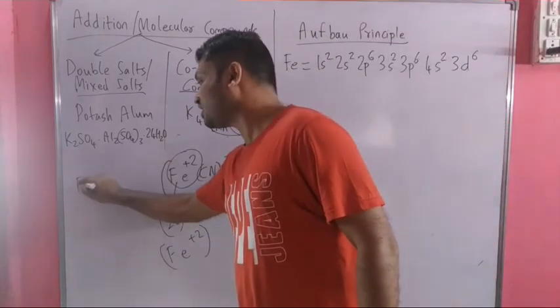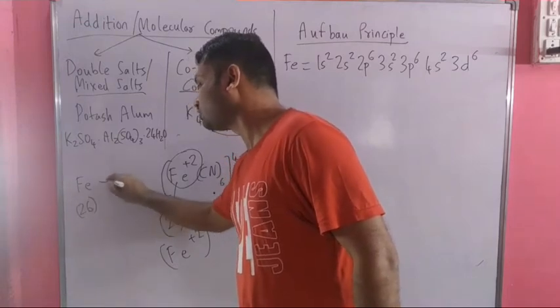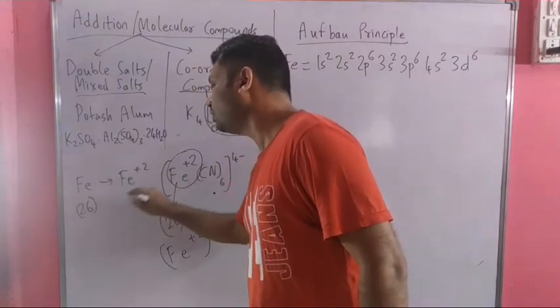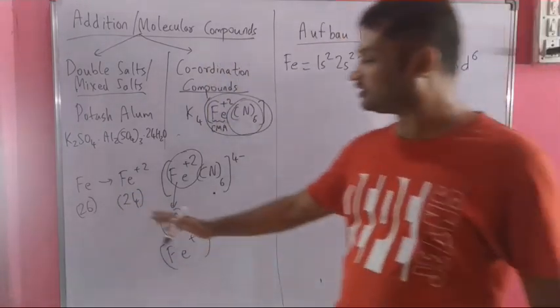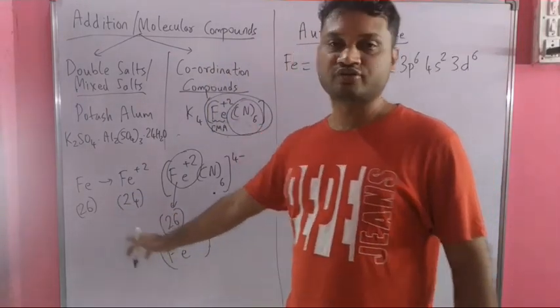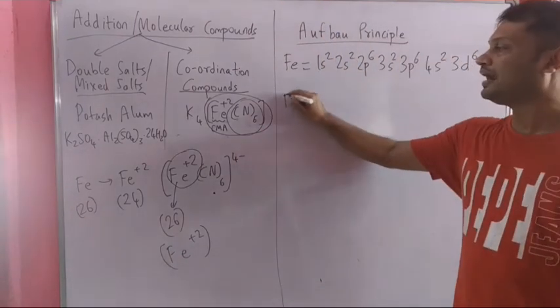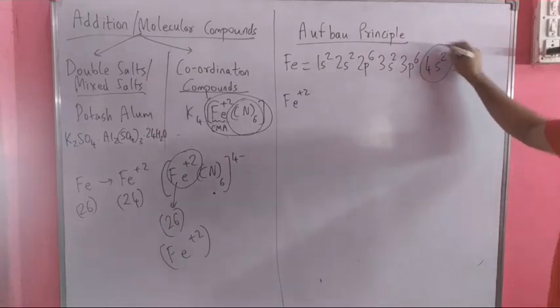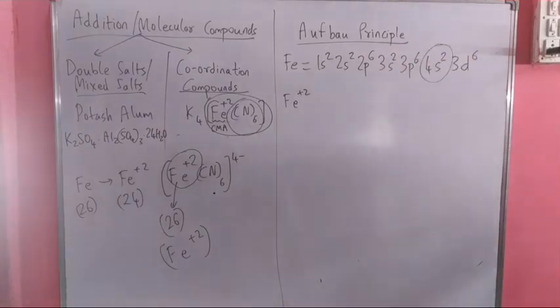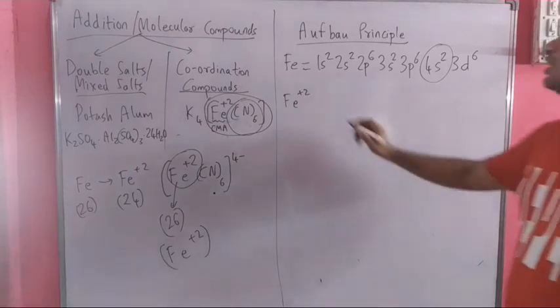To go from Fe, which has 26 electrons, to Fe plus 2, we remove 2 electrons and are left with 24 electrons. So how will I write the Fe plus 2 structure? From the outermost orbit, which is the 4s orbit, we will remove 2 electrons.